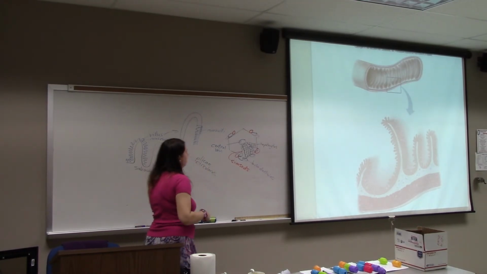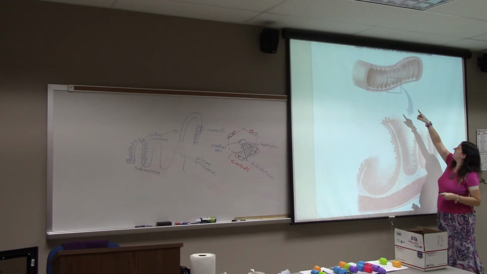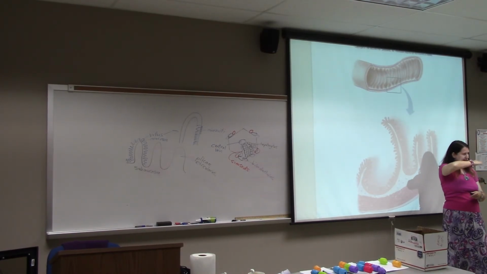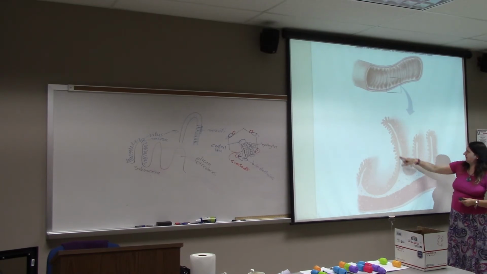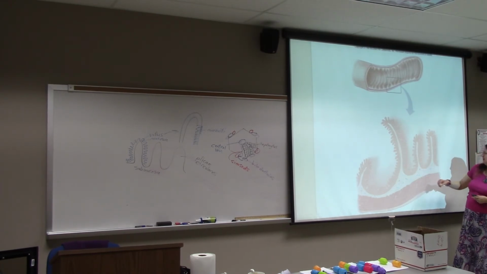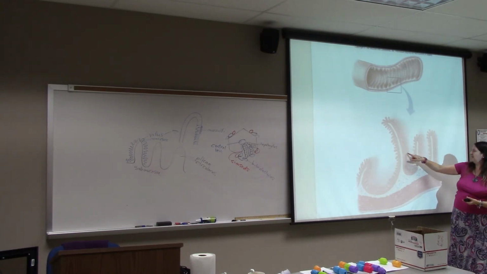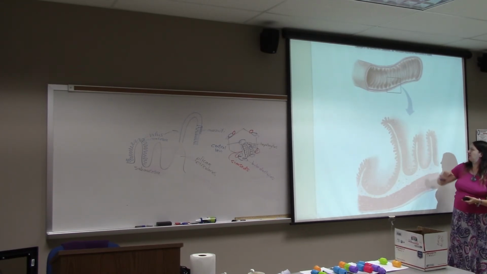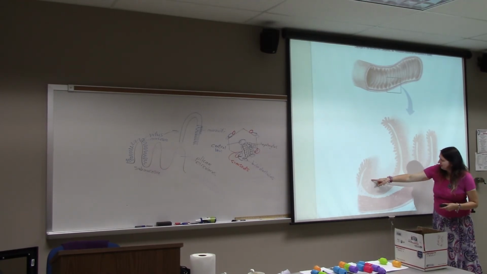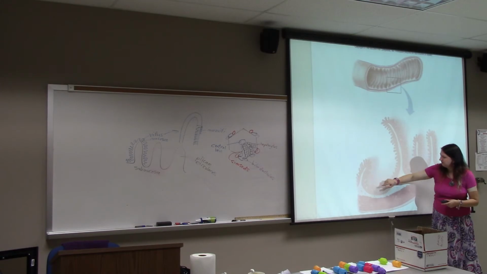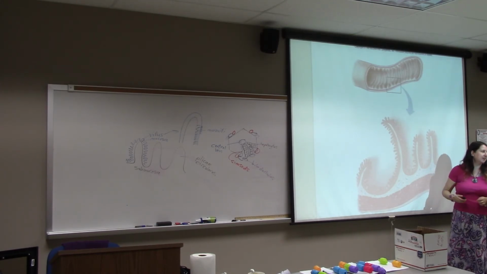So here's the more careful illustration of, you can see what the plicae look like behind. Here's what they look like in cross-section. And then this darker orange is all mucosa, and each one of those bumps is a villus. And they put in a little bit of shading where you can see them coming away, see that they're bumps, not continuing ridges.